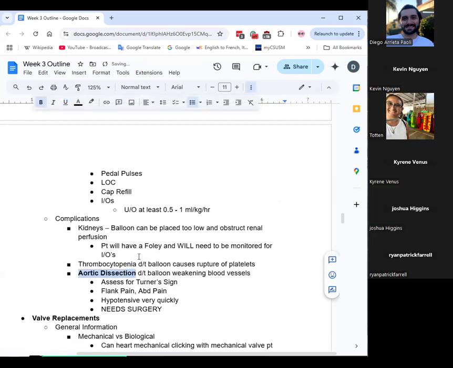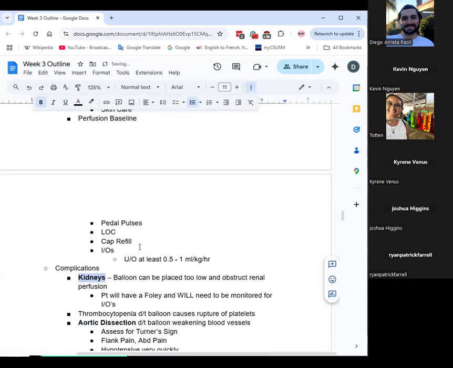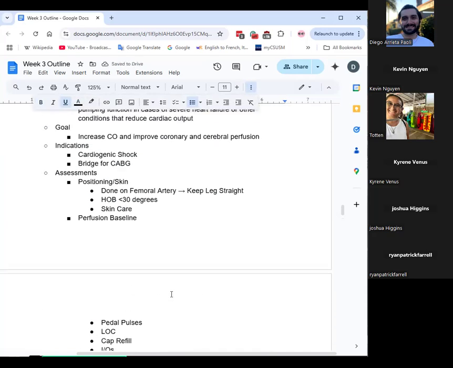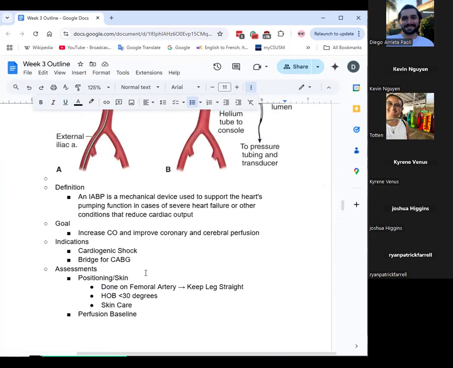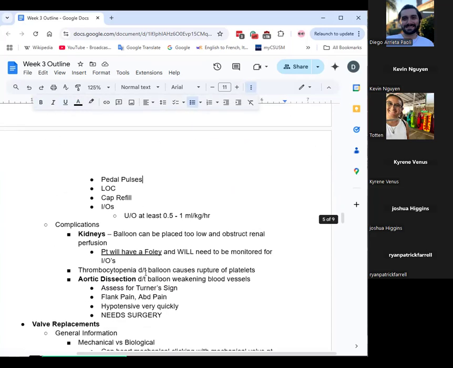Your kidney in general is key. Definitely need to know this. Of course, you've got to do that perfusion baseline, get the pedal pulses on the affected limb. All right, we're good.